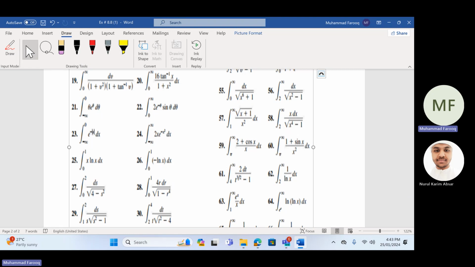Small converges. Sin x, you said this is... If I just remove the one here, check sine x over x squared.